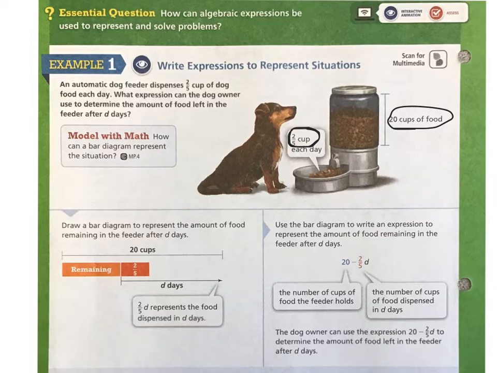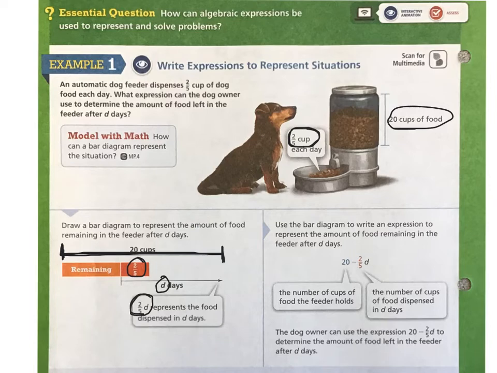We can draw a bar diagram to represent the amount of food remaining in the feeder after D days, where 20, if you look down here at the bottom underneath the picture, is the total number of cups of dog food available. The feeder dispenses 2/5 of a cup every day. So 2/5 times D represents the food dispensed after however many days you're dispensing it.